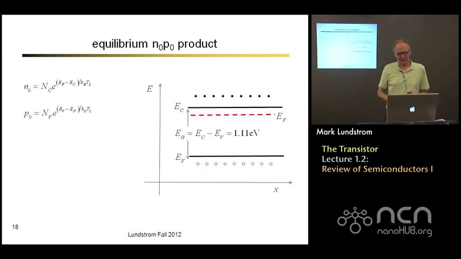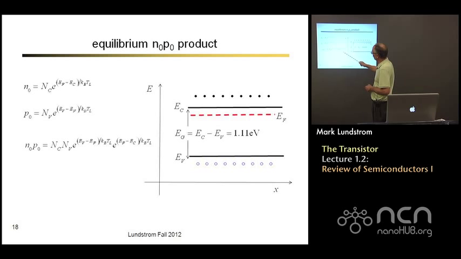Then if I look under equilibrium conditions, and if I take my simplified expression for the electron density and my expression for the hole density, and if I multiply the two together, I get this. And it turns out then that the Fermi energies drop out. So the result is independent of the Fermi energy, and the result just depends in the end on the difference between the conduction band and the valence band.